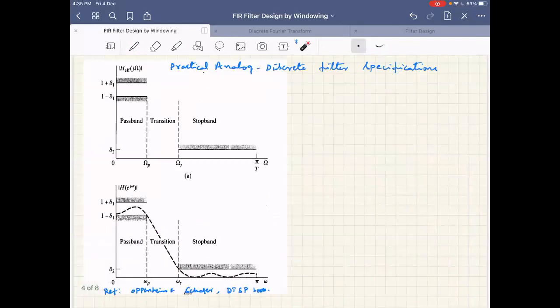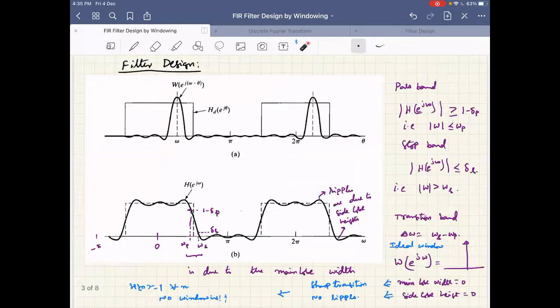This is because, as we have noticed, in practical scenarios we will not be able to get the transition band to be exactly 0, or we cannot avoid the ripples, especially when designing finite impulse response filters.